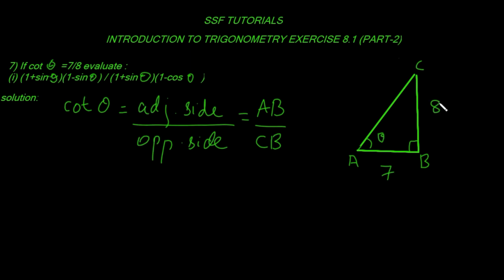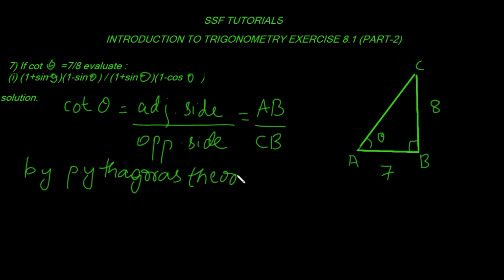Now we can observe in the diagram that the AC side is missing, so we have to find it using the Pythagoras theorem. AC square is equal to AB square plus CB square.